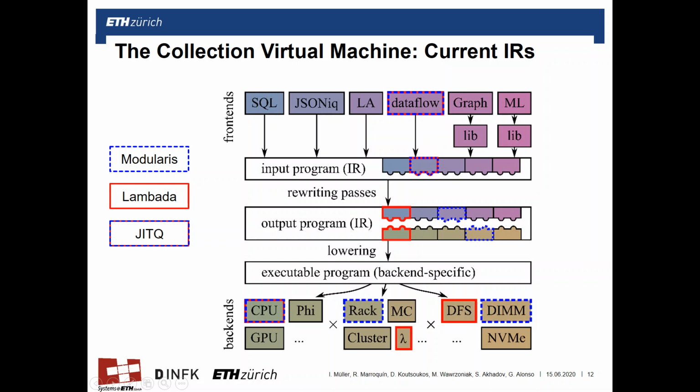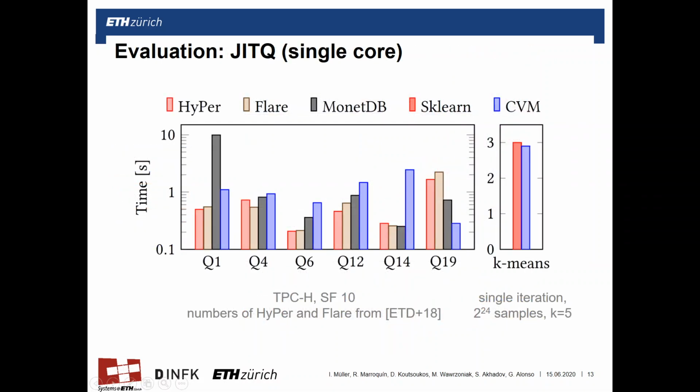Let me now very briefly present how this works in terms of performance. We compare JITQ, the single core system, with other state-of-the-art in-memory systems. For example, here on TPC-H, we achieve similar or at least not too much worse performance than systems like Hyper and Flare. And for k-means, we achieve the same speed or even slightly better than the handwritten and hand-tuned implementation in scikit-learn.